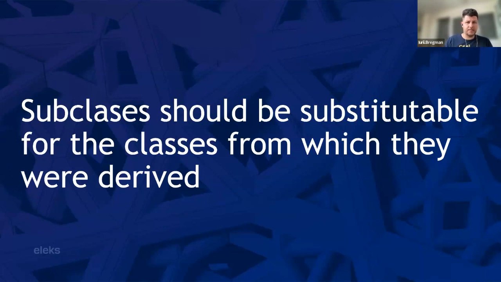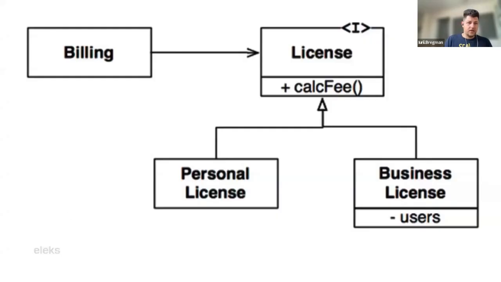So here we can see the human-readable and concise version of it: subclasses should be substitutable for the classes from which they were derived. This design, you can see on the slide, conforms to the Liskov substitution principle, because the behavior of the billing application does not depend in any way on which of the two subtypes it uses. Both of the subtypes are substitutable for the license type.